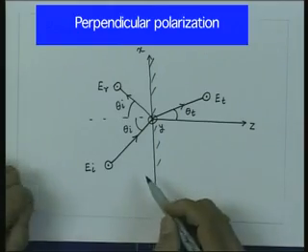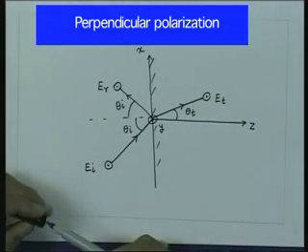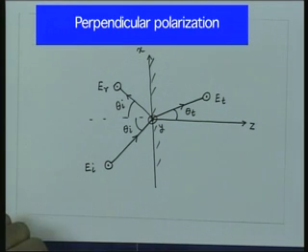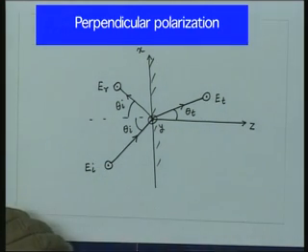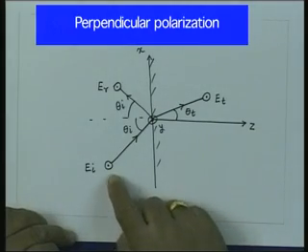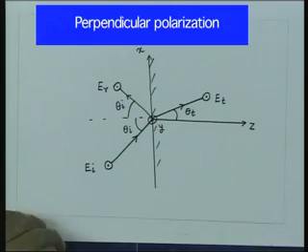Now, we have to write down the magnetic fields, and for writing the magnetic field essentially we use the Poynting vector argument, that is we must choose the direction of the magnetic field such that the Poynting vector must be in the direction of the wave propagation, that means it must be along the wave vector.